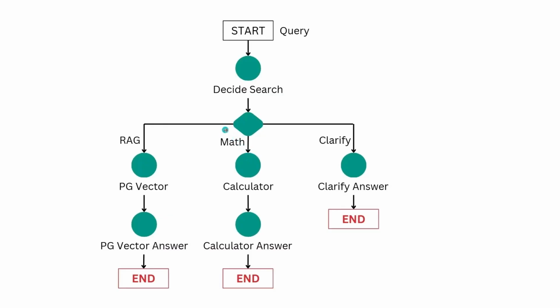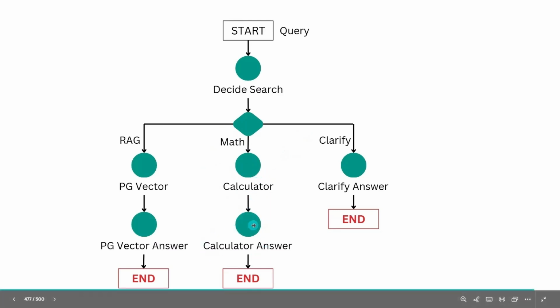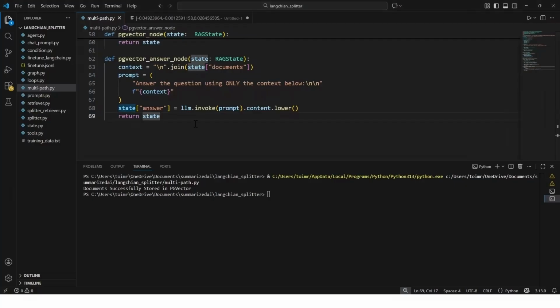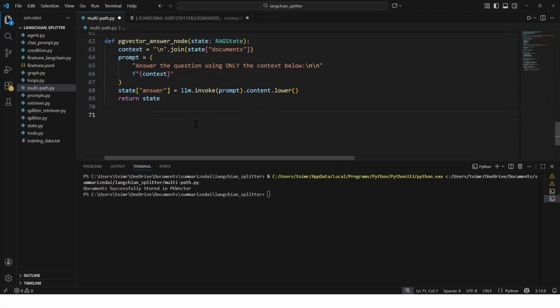Now this is one of the flows. So for math, we require a calculator node, and the calculator node is going to call the calculator tool, which will evaluate the expression. And we will store this answer in the shared state, and we are going to access that shared state answer in the calculator answer and return it to the end user. So let's do that. Let's first create the calculator tool node, like we did earlier for the PG vector.